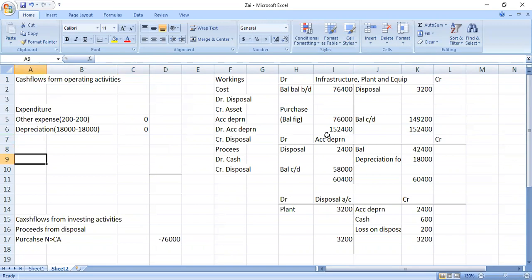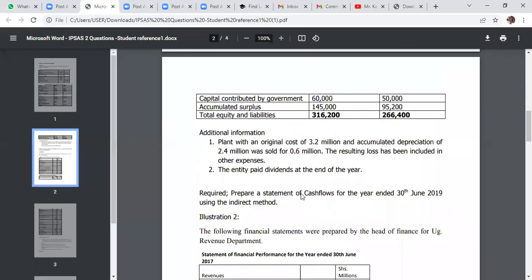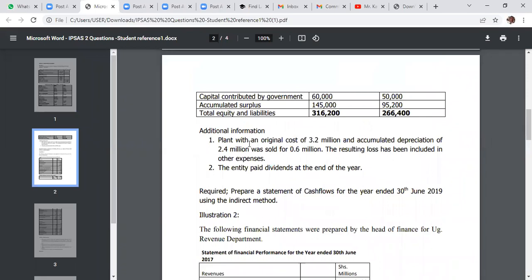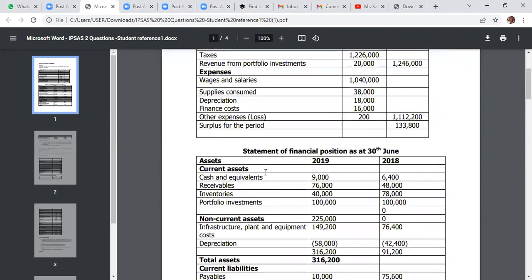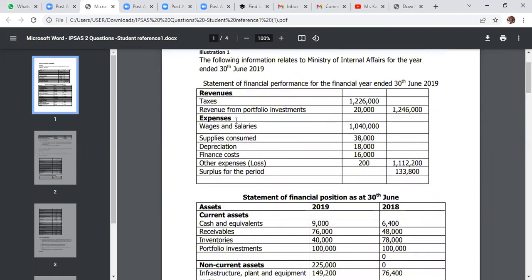So you now go to your statements. Let me just take you back to remind you. All that you have done, I've dealt with part 1 and part 2. Now you go to your statements. You begin with the income statement. You move line by line from top to bottom.